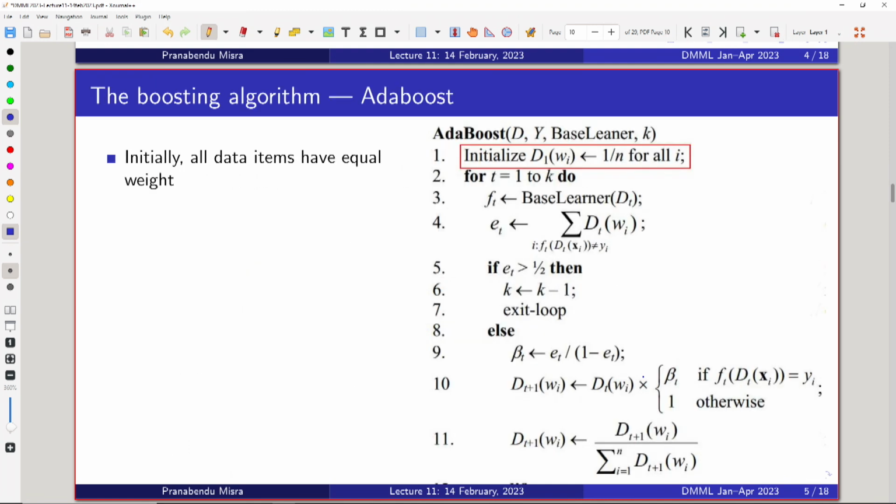So, here is an algorithm called AdaBoost, right. It is a very important and, to some extent, very surprising algorithm. Initially everything has weight, as I said, 1, but just because you do not want things to blow up, you set the weights to be 1 over n, okay.